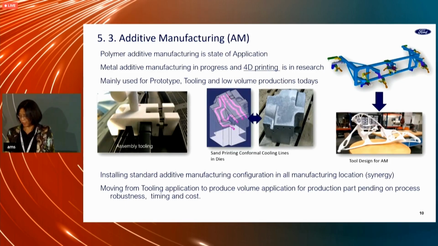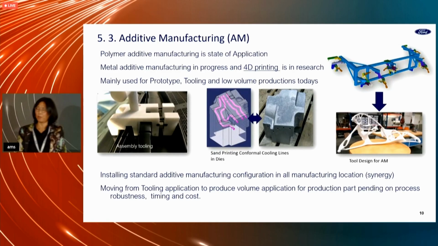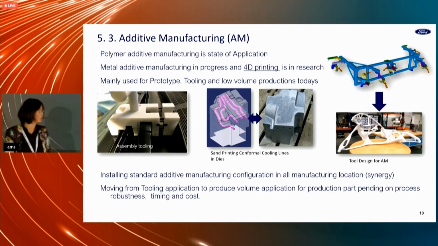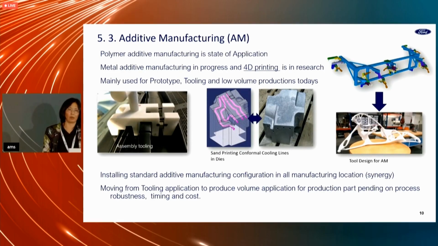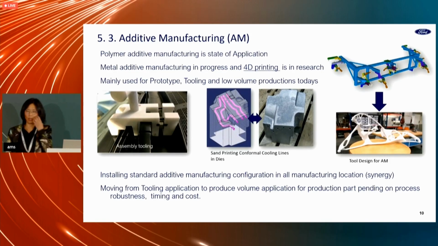Briefly, the right-hand side is an example, a factory tool. The upper side is our conventional design in metal. That's polymer material, where we did the topology optimization. So the tool itself is much lighter, and we can produce it much faster.